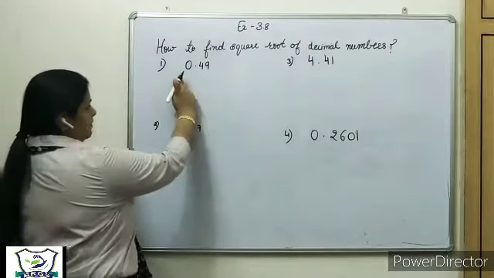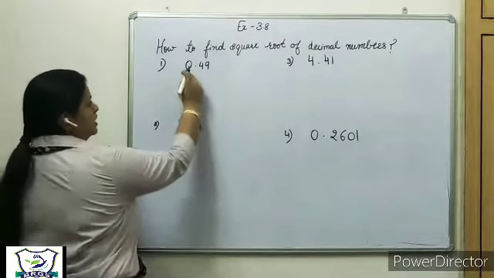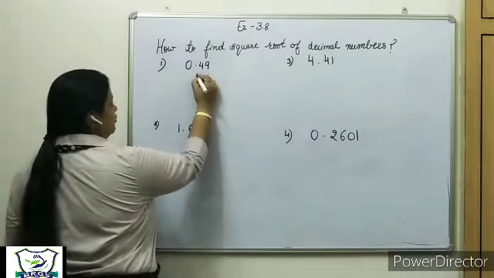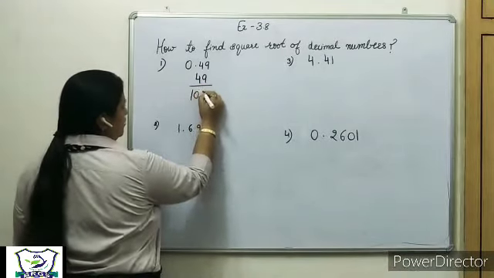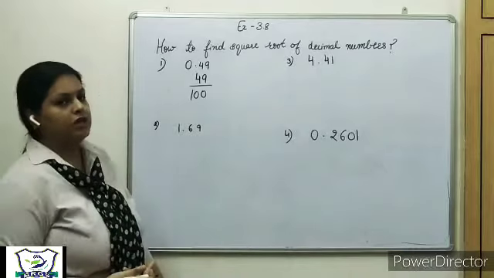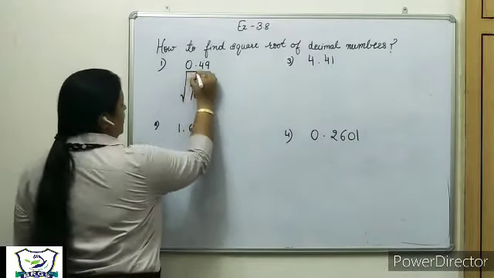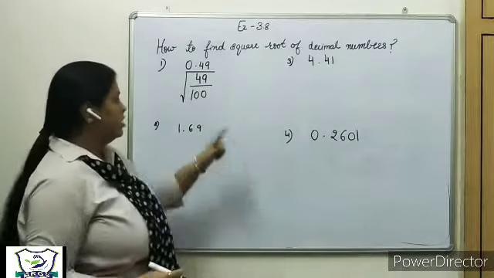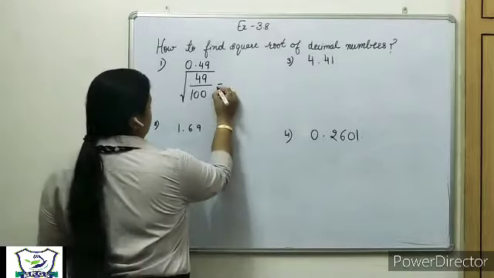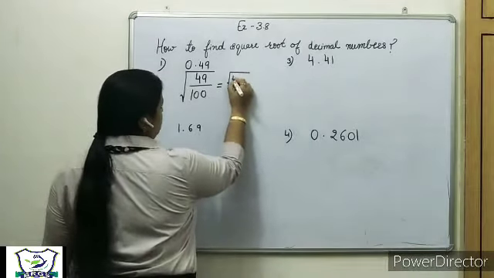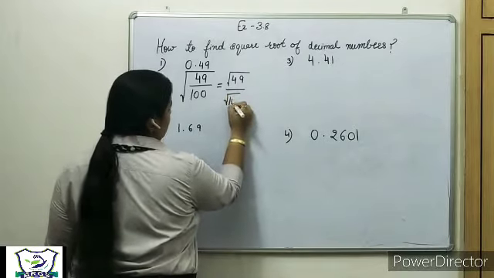For example, here I have taken 0.49. One method is to convert the decimal number into a fraction: 49 divided by 100. You all know how to convert decimal numbers into fractions. Thereafter, you can calculate the square root of the numerator and the square root of the denominator, like square root of 49 and square root of 100.